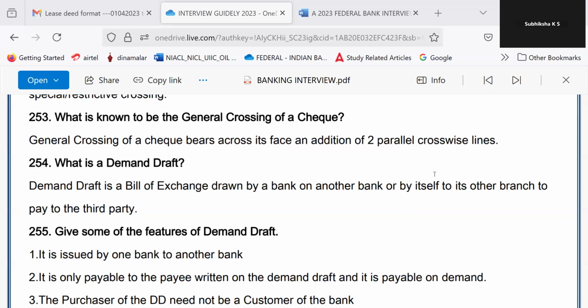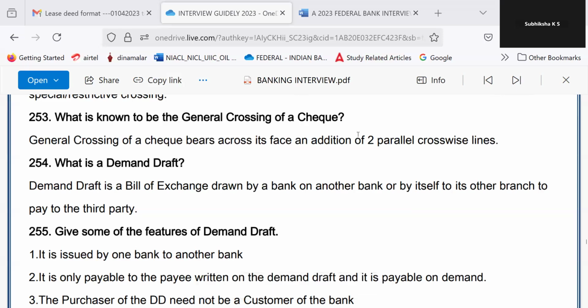Then it will be handed over to the purchaser, that is yourself, after getting a signature from you on the reverse of the challan. Then you can send it to your beneficiary in the other place. He will present it to his bank. Through his bank, it will go to the branch of the bank on which the DD has been drawn, and it will be paid.